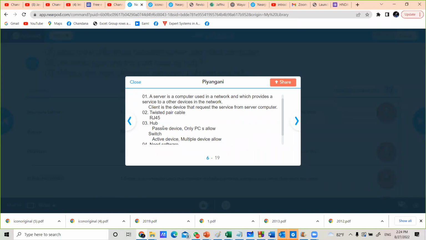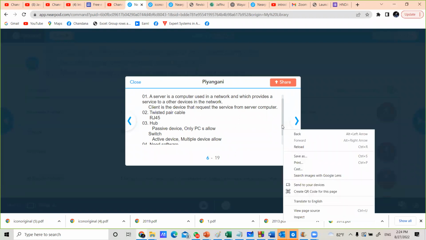But the switch knows the destination place of the data, where to go. In other words, we can say the hub doesn't know the path of the data, but the switch knows the path of the data. Next question.